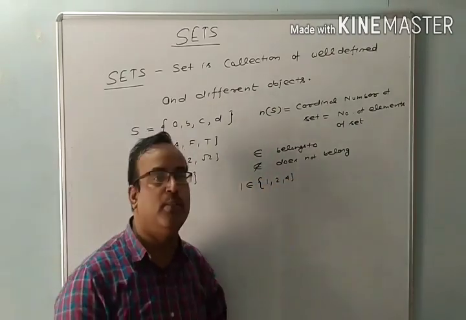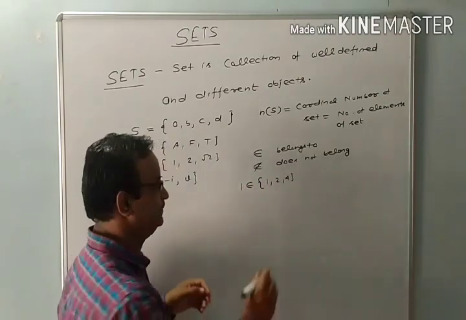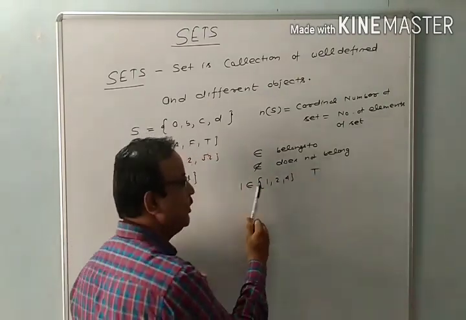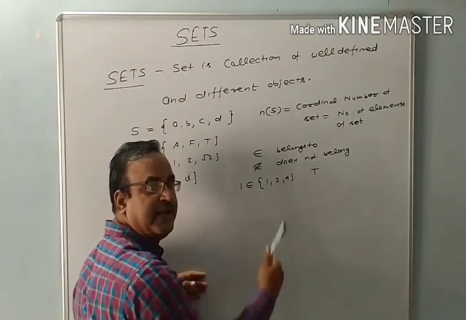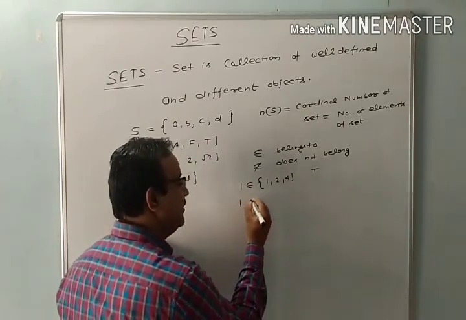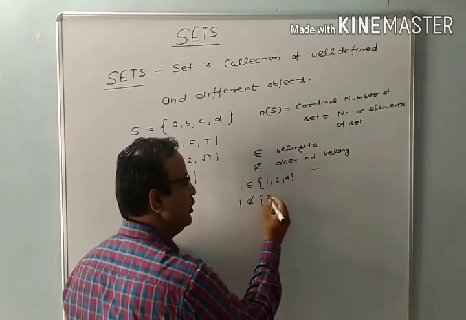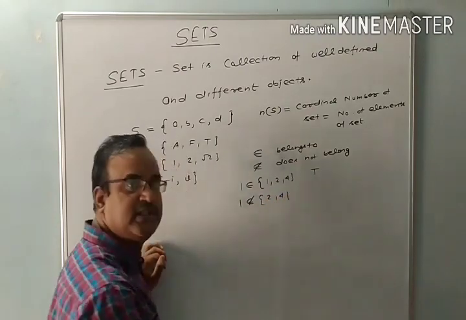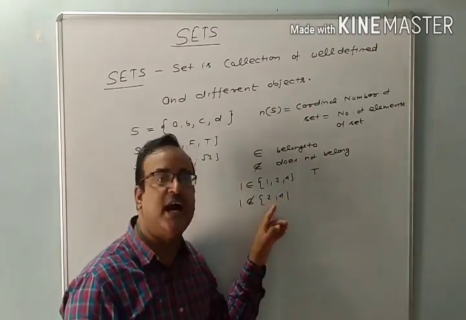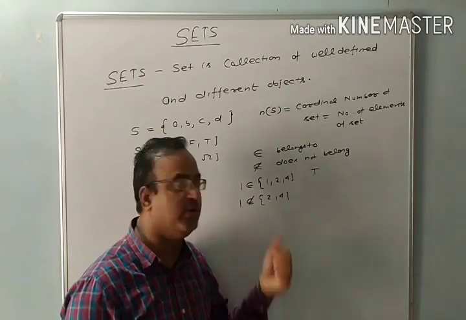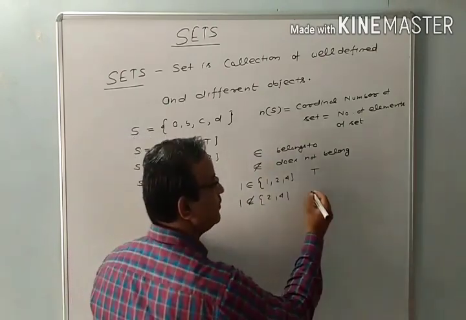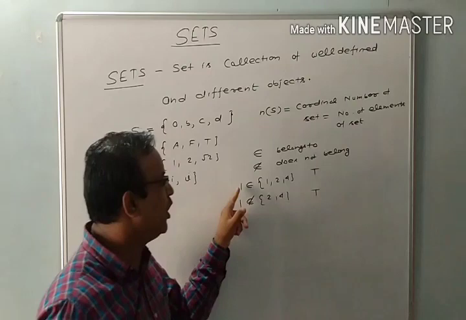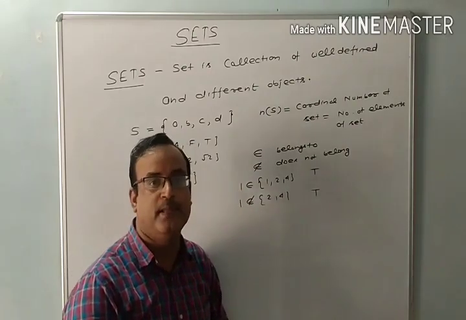It's true, because you can see 1 is a part of this set. If we write 1 does not belong to {2, 4}, yes, the elements of this set are 2 and 4, and 1 is not a part of this set, so it is also true. So these are the symbols of belongs to and does not belong to.